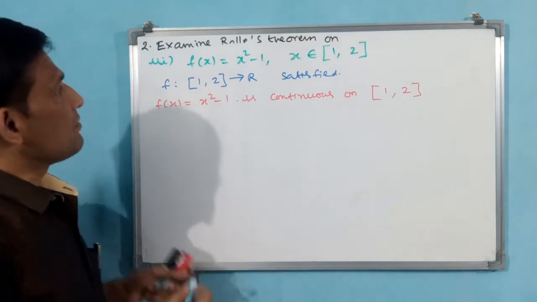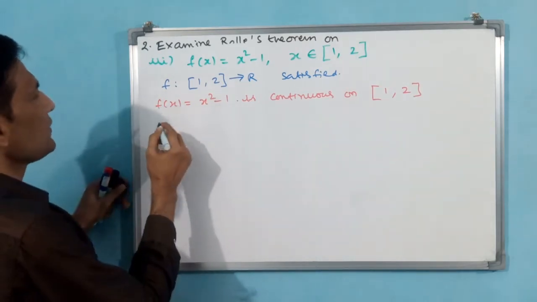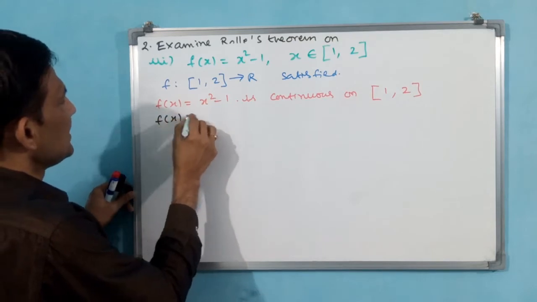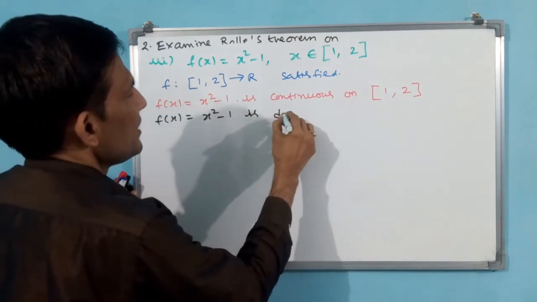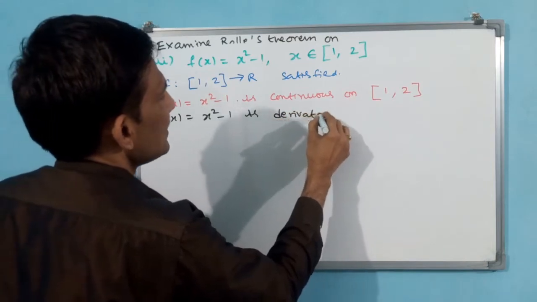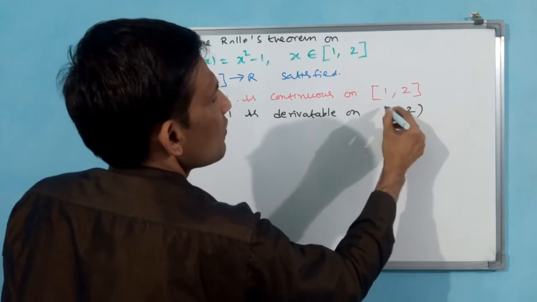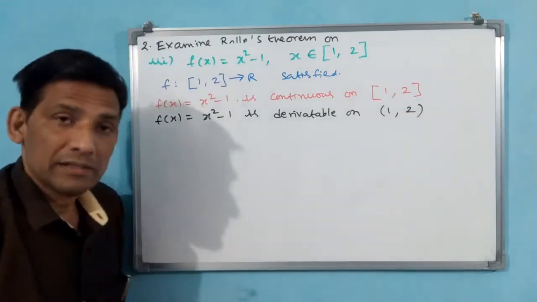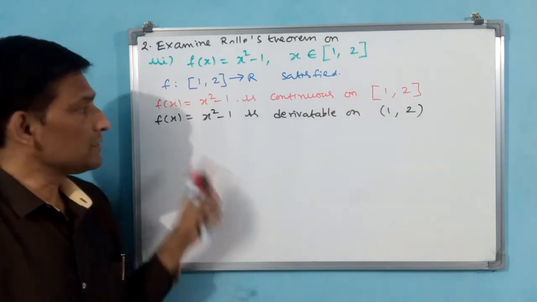Let us go for differentiable. f of x is equal to x square minus 1 is differentiable on the open interval (1, 2). Differentiable uses the open interval, while continuous uses the closed interval. This is the third condition.